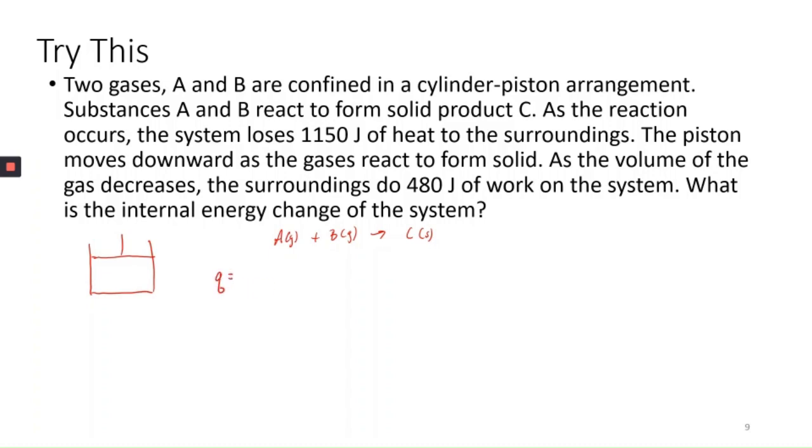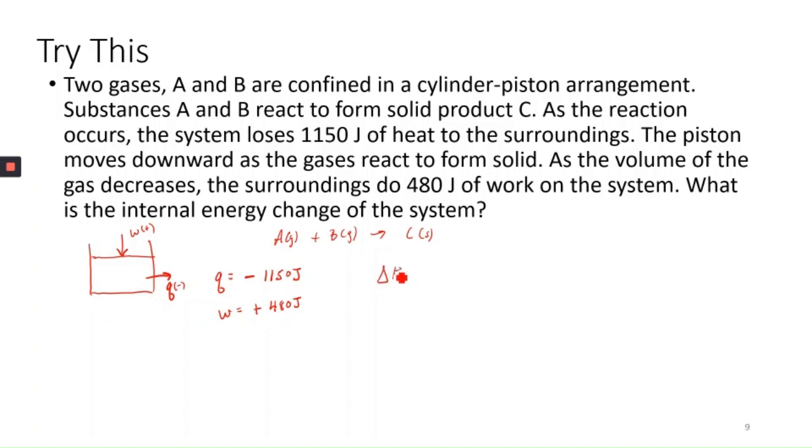So if it's losing heat, it's negative because it's leaving the system. So Q is leaving. When Q is leaving, it is negative. The piston is going to move down. So that means work is being done on the system. And when anything goes into the system, it is positive. So that means my work is going to be positive 480 joules. What is the internal energy change?